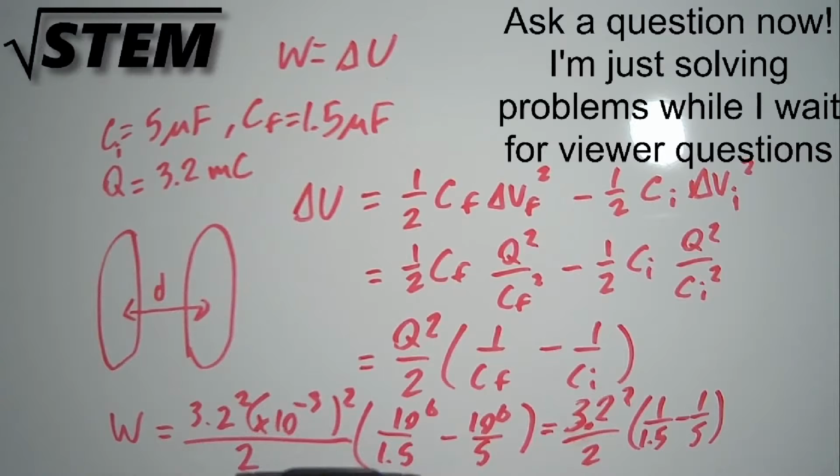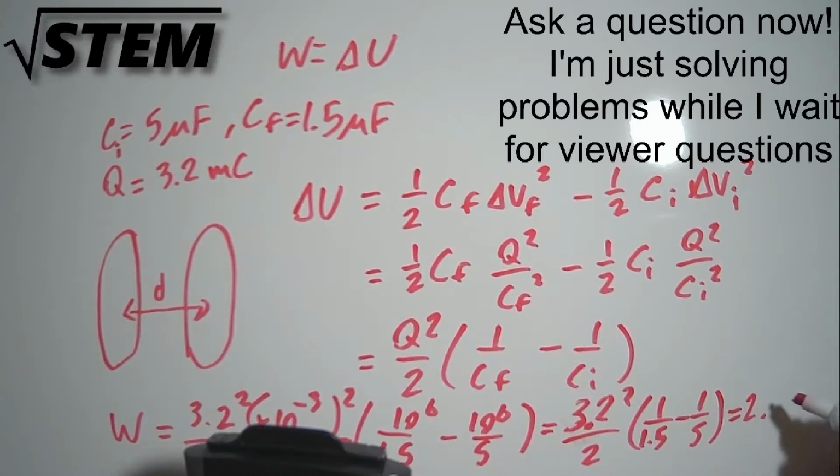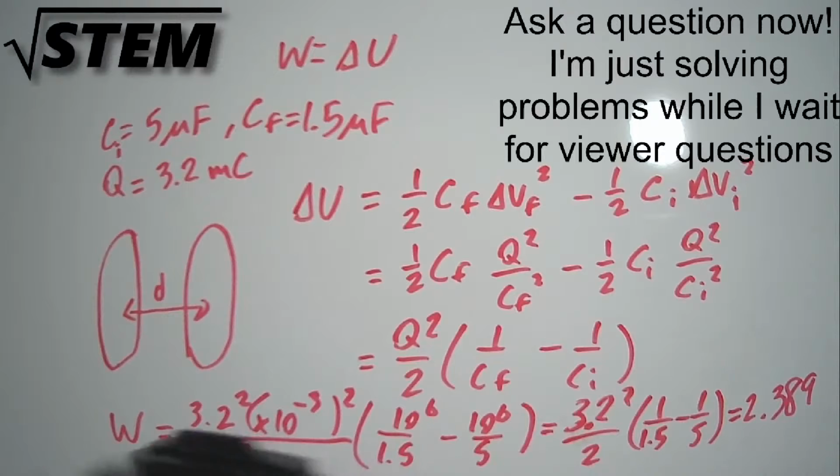We'll take that times the other part, and that should be 2.389. And if we did this all in SI units, which I think we did, that would be joules of work done to the capacitor.